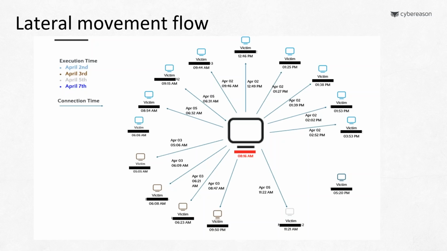And the second thing about scoping it is to understand what was the order of infection and who infected whom. And so we ran a query about connections between the infected machines. And what we found here was very indicative. We found one machine that was communicating with all the others.